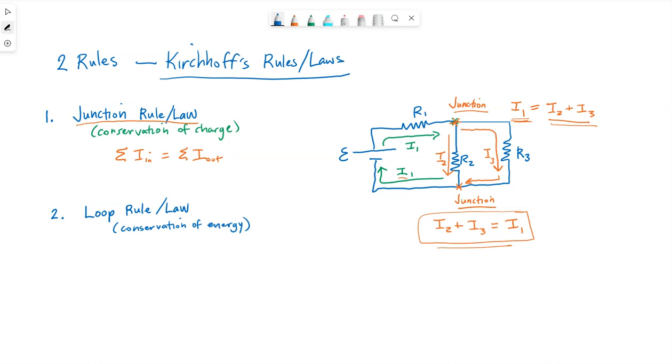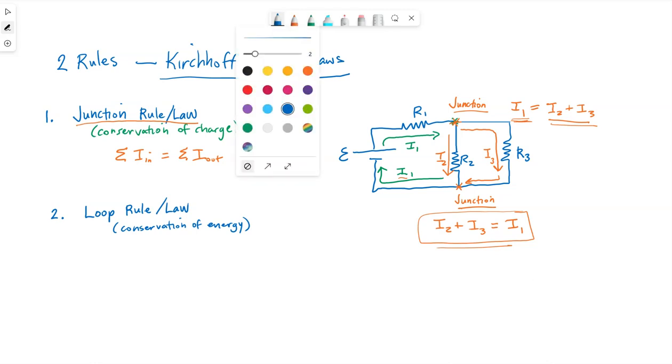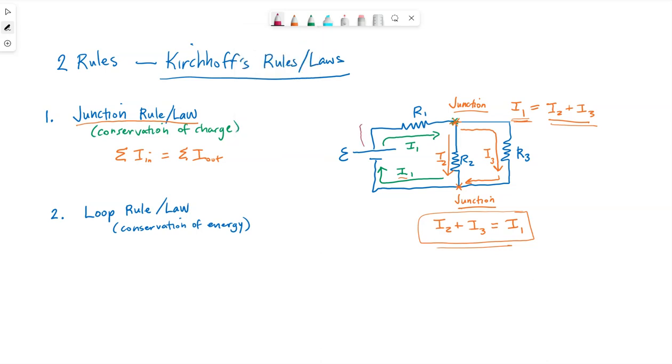As we follow that path, for example, let me get a different color here. If I follow the battery, I know I pass through R1. If I turn here, I pass through R2, and that will get me back to the other side of the battery.